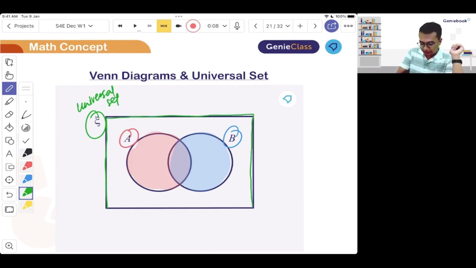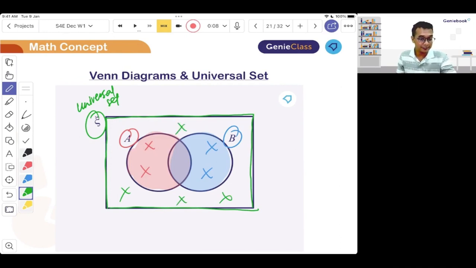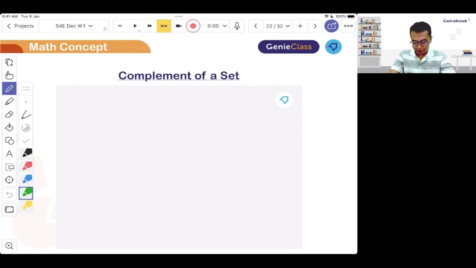Now, why do we need a universal set? Because some elements are in set A, some elements are in set B, and then some elements are outside of set A, set B. It's just hanging around here outside the two circles. Okay. Now, with that, I'm going to move on to another concept, which is complement of a set.